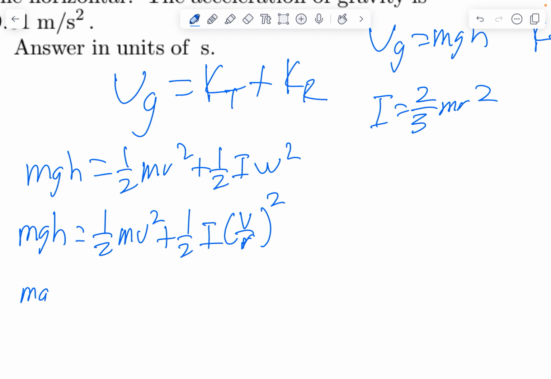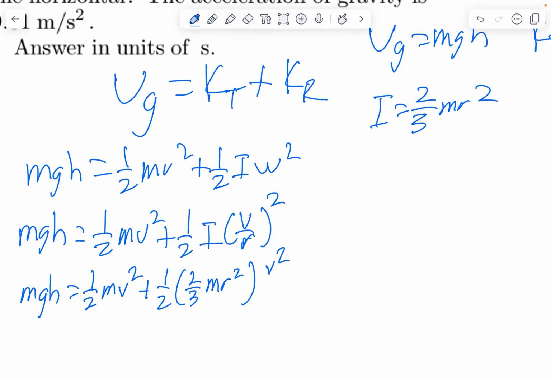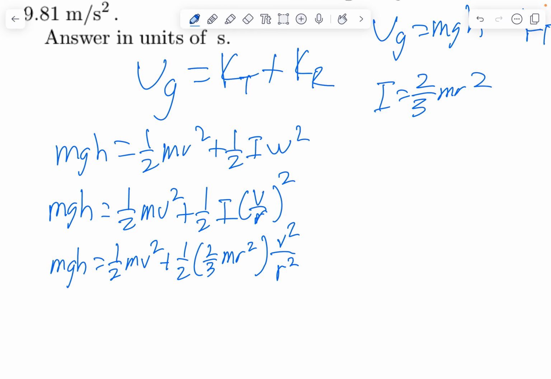So mgh equal to 1/2 mv squared plus 1/2 times 2/3 mr squared, and then v over r whole thing squared. So I'll square the v, I'll square the r, and there's my equation.